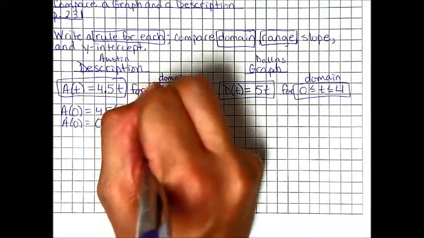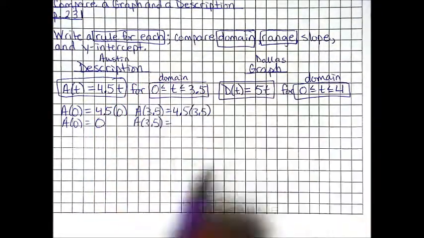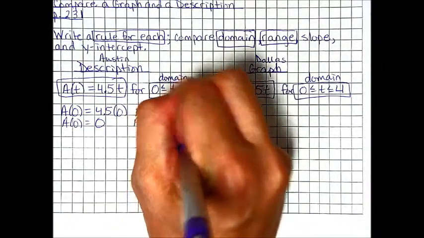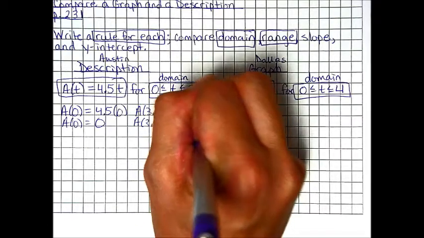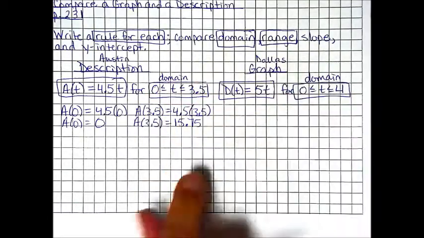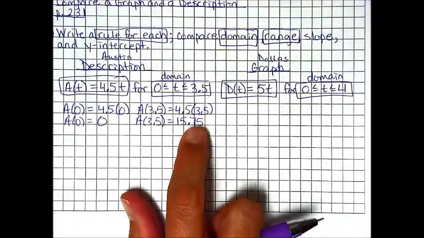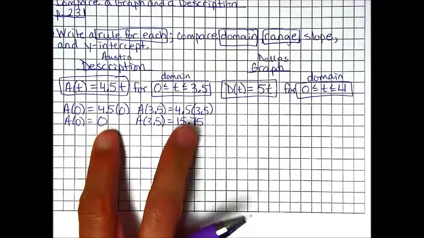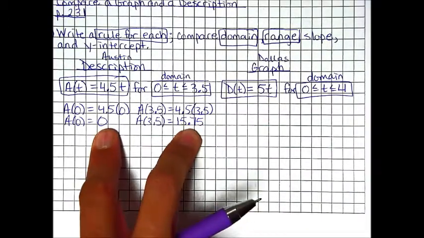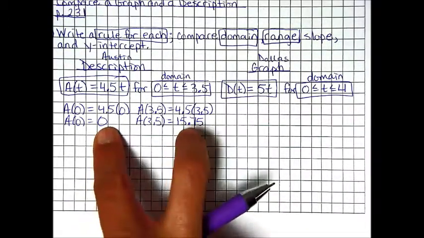After 3.5 hours, 4.5 times 3.5 comes out as 15.75. Okay, so your range is from 0 to 15.75. Okay, we'll write that down in a second.